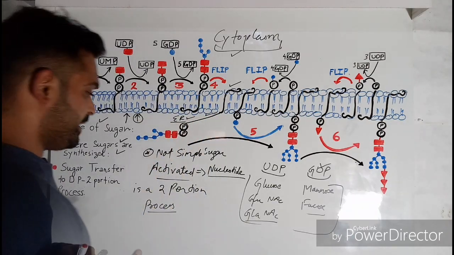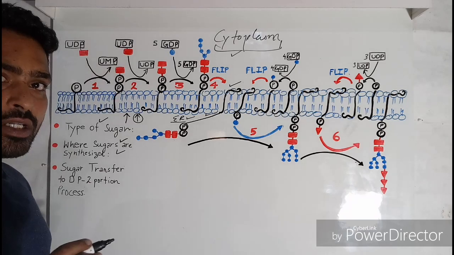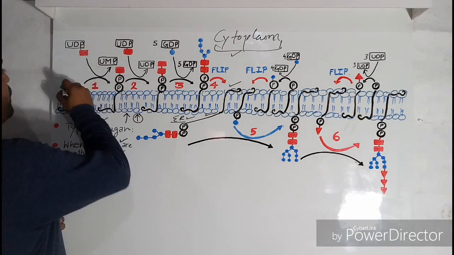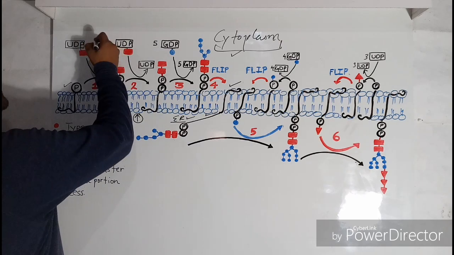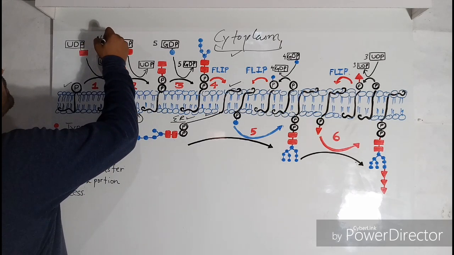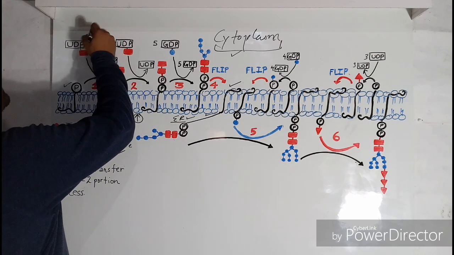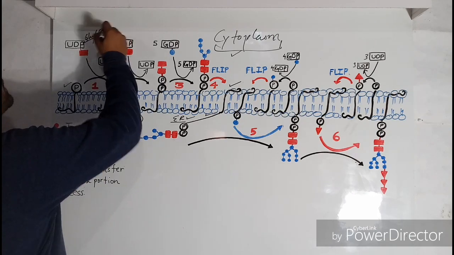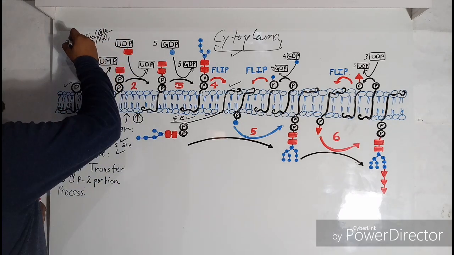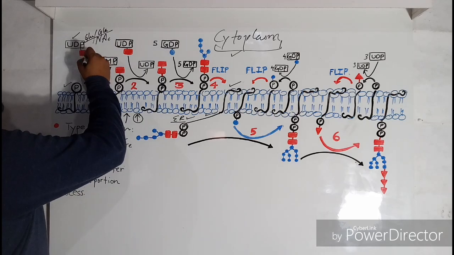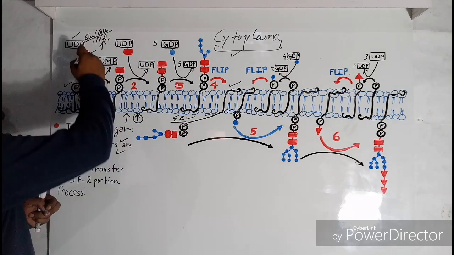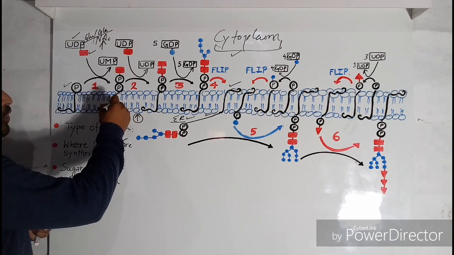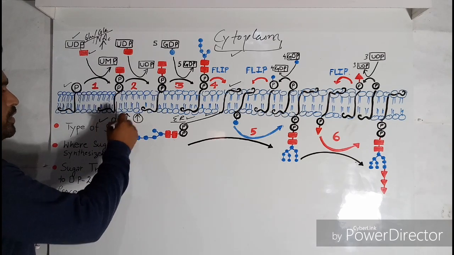So now let's discuss the mechanism. The first sugar which we attach to the Dolichol phosphate is N-acetyl glucosamine or galactosamine. This is the first sugar which is attached to UDP, this red color showing the sugar, and it is attached here to the Dolichol phosphate.